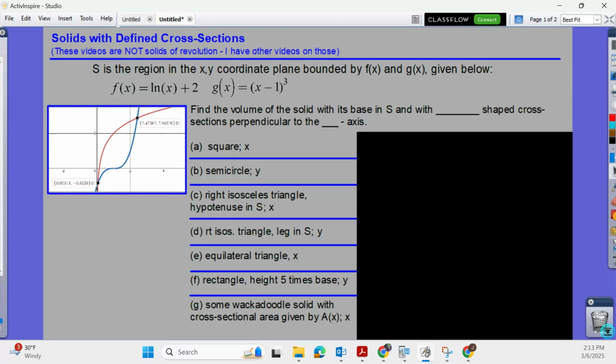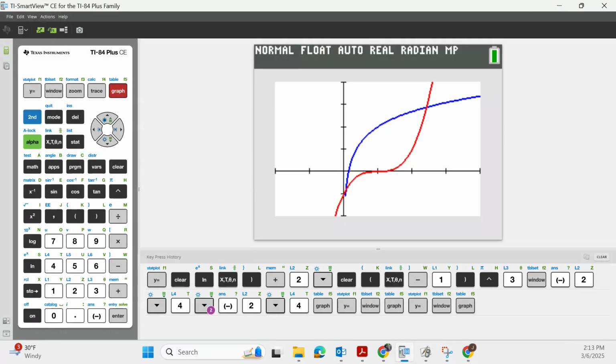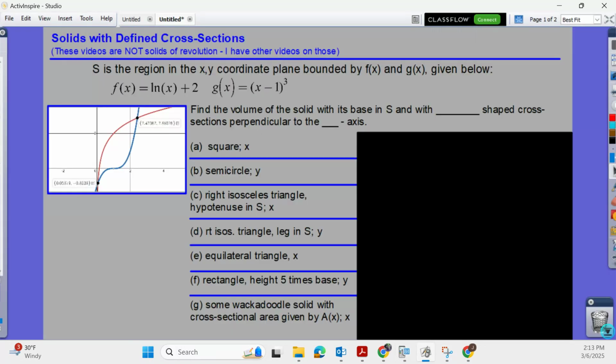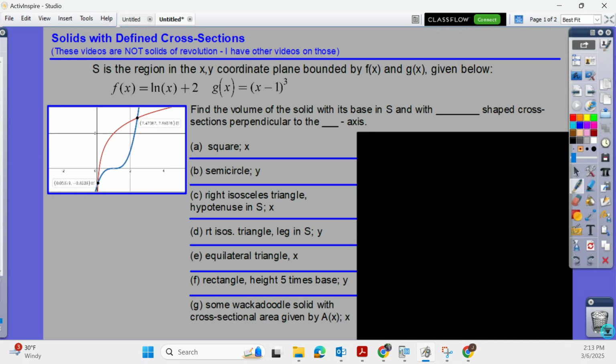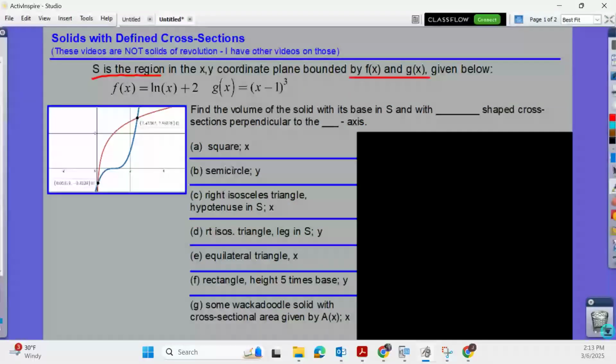When I graph these, if I'm doing this on an AP exam or a calc test, I know I'm going to need limits of integration. And in this question, it says the region S is the region bounded by f and g. There's no vertical line boundaries. We're not told between x equals 1 and x equals 2 or something like that.